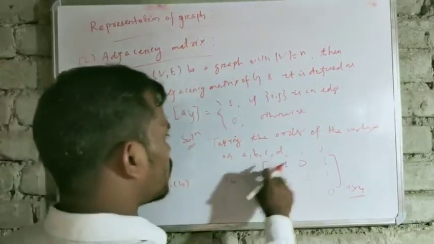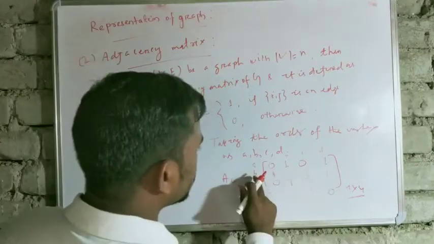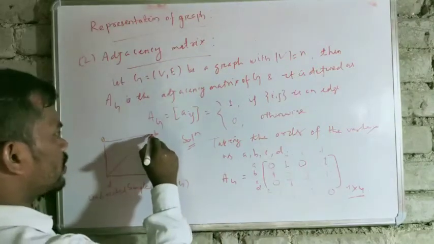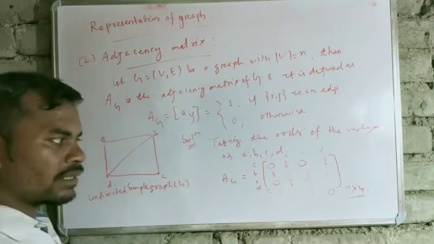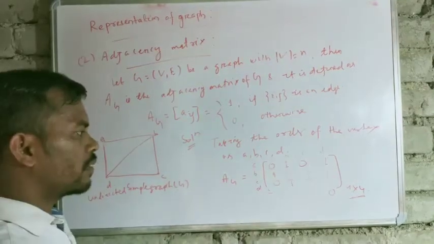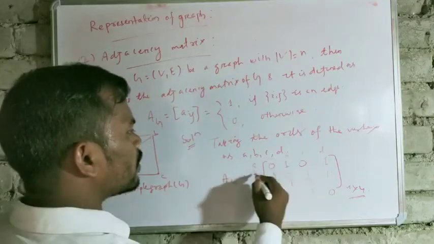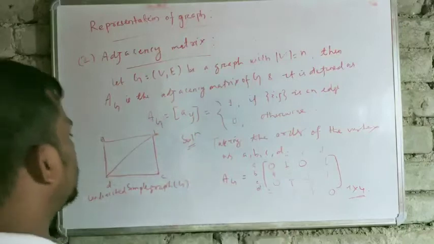If there is no such edge, then we have to enter 0. Here the entry is 0 because B to B is not connected. If there were a loop, then B to B would be connected by a loop, but no such loop is there. That's why this one is 0. Okay, this is an example.